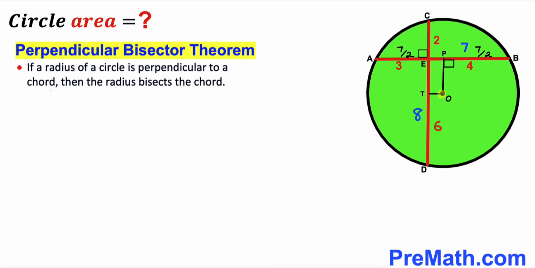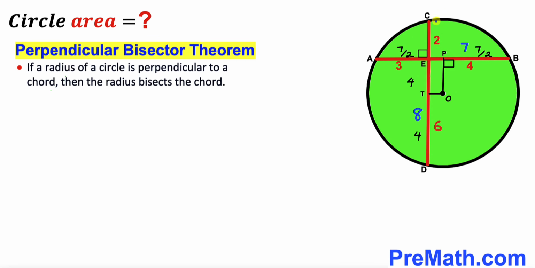This tiny perpendicular OT bisects this chord CD into two equal parts, segment CT and segment DT. So this CT segment length is 4, half of 8, and likewise this DT segment length is 4 units as well.